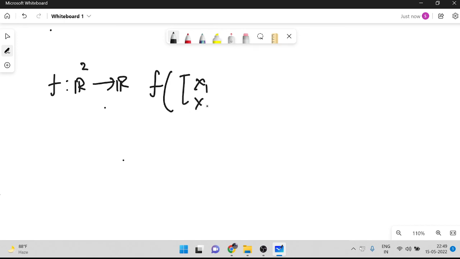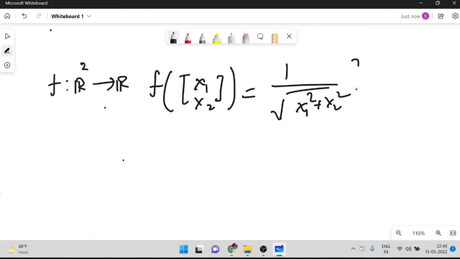Okay, now I'll give you an example of a locally integrable function. Take a function from R^2 to R defined by this particular map of x1 and x2.